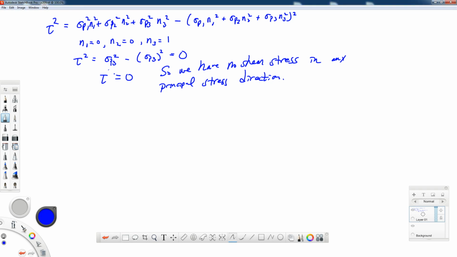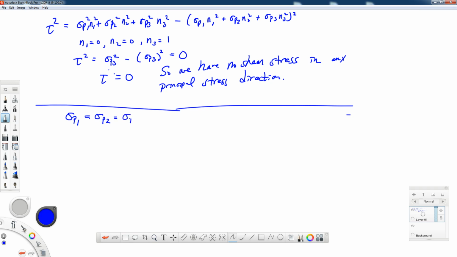Well, before we do that, we can talk about one more degenerate case where we can minimize that function. It's a special case where all three principal stresses are the same. If all three principal stresses are the same, we have a hydrostatic or spherical stress state.